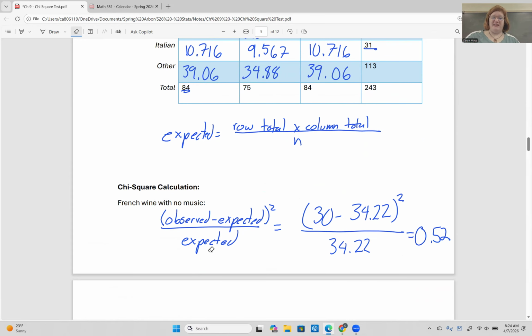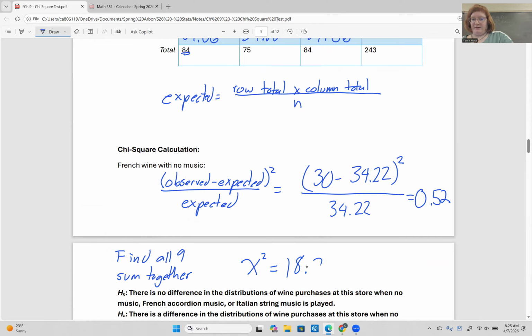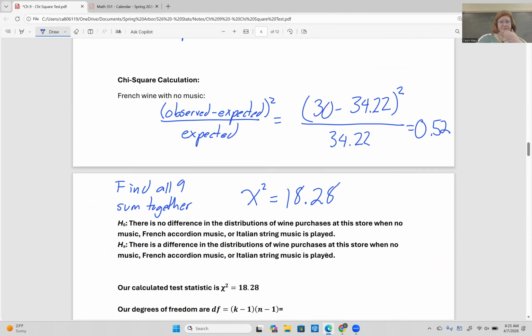So we'd have that process 9 times. When we find all 9 and sum them together, we ultimately end up, as it says on the next page, with chi-squared equal to 18.28.